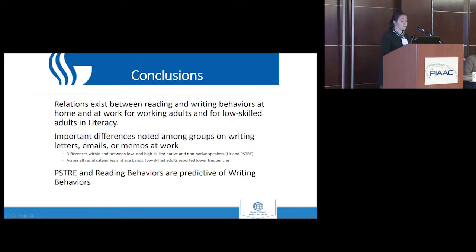I put specifically here writing letters and emails, particularly differences within and between low and high skilled native and non-native speakers, and then across all racial categories as well as age bands, low skilled adults reported lower frequencies in general. And we also found that PSTRE and reading behaviors specific to context are predictive of writing behaviors. However, we weren't able to account for that much variance, which sort of leaves it open to what else could be contributing to this.